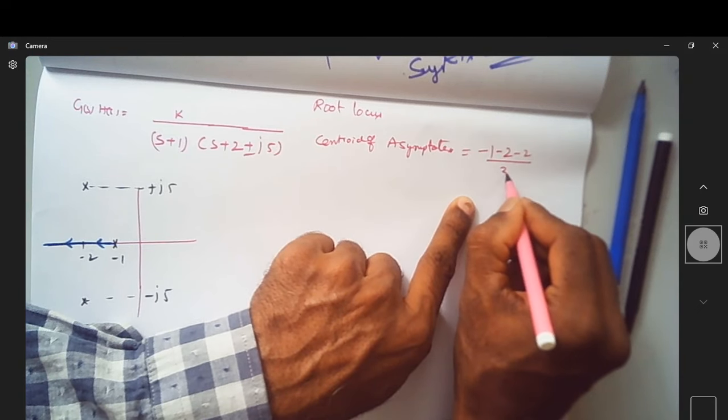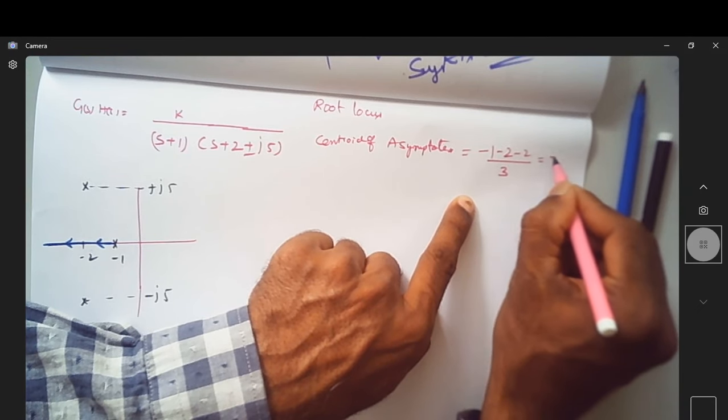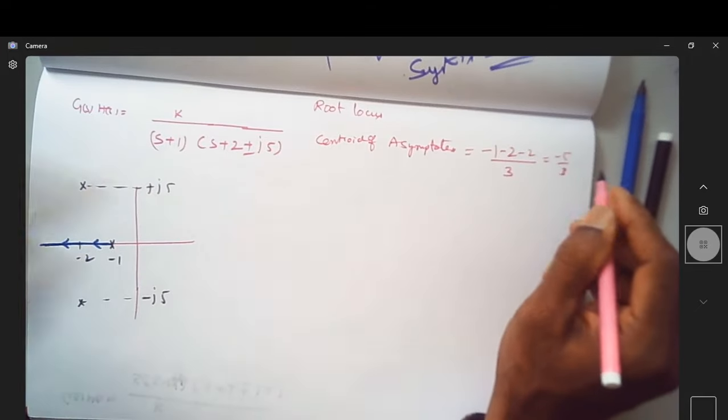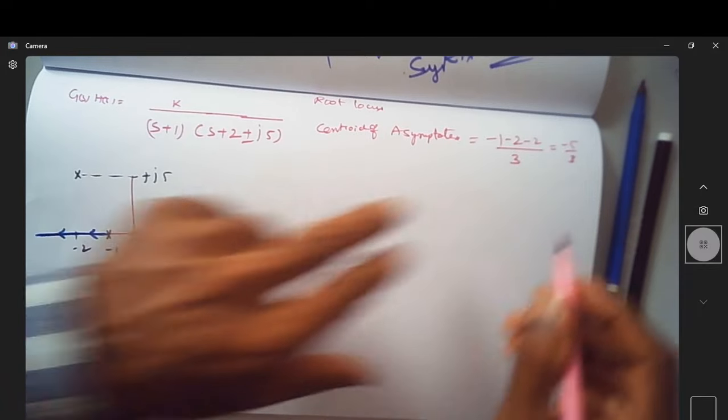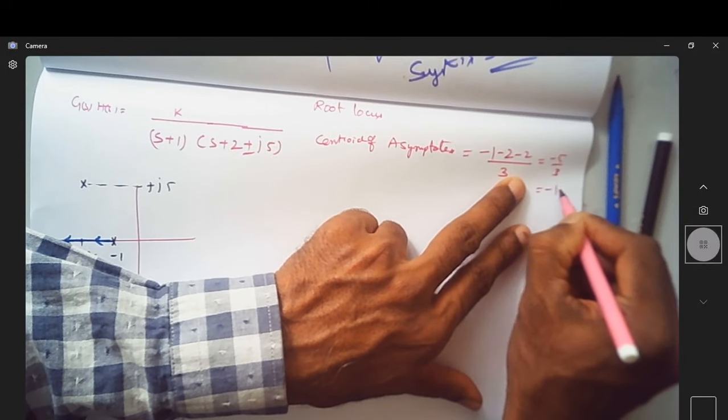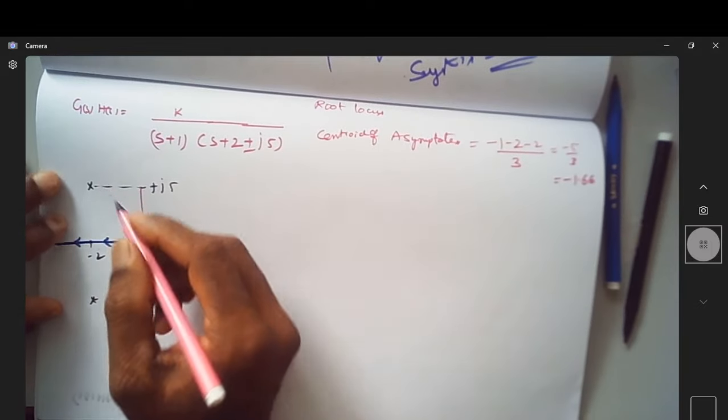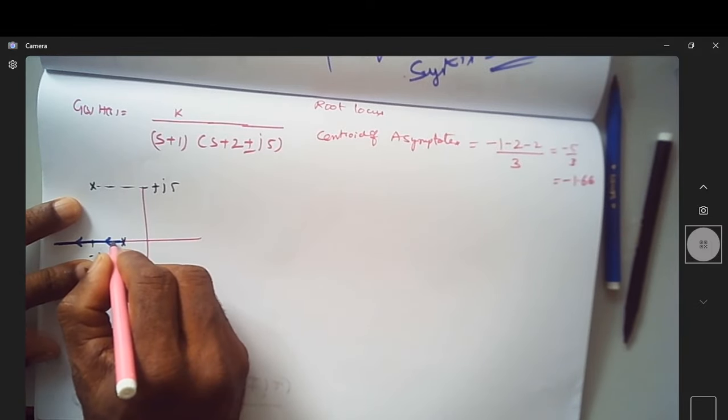P minus z is 3. It's actually -5/3. So -5/3 is the pole position, which happens to be 1.66. So it is -1.66. So that is the position, maybe somewhere here.